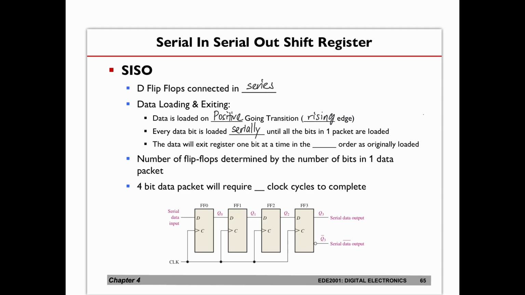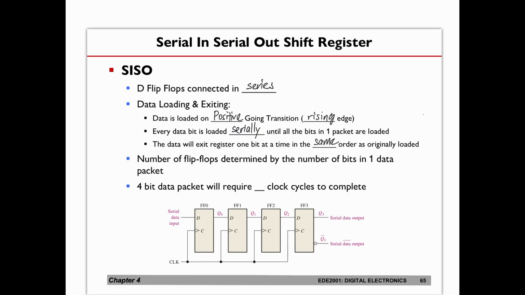Why are we using a D flip-flop? Because a D flip-flop will follow the input every time the clock triggers, so it makes the data get synchronized. The data will exit the register 1 bit at a time, in the same order in which it was originally loaded.